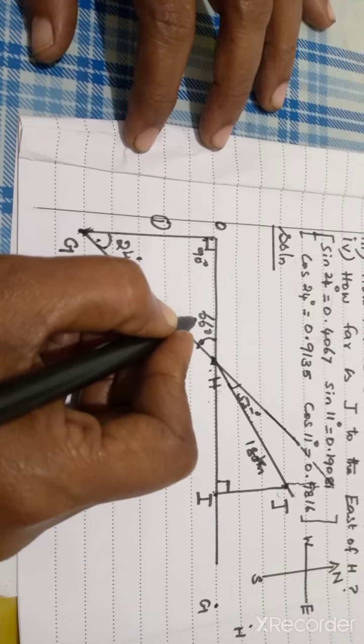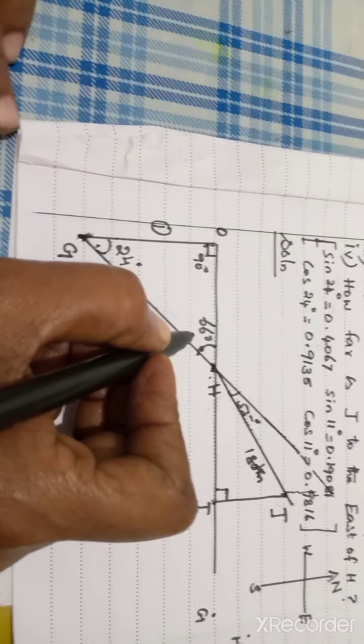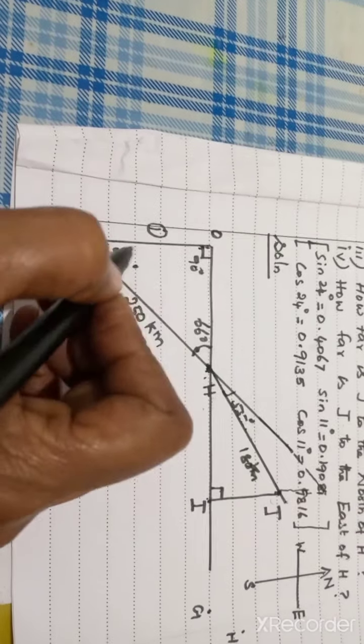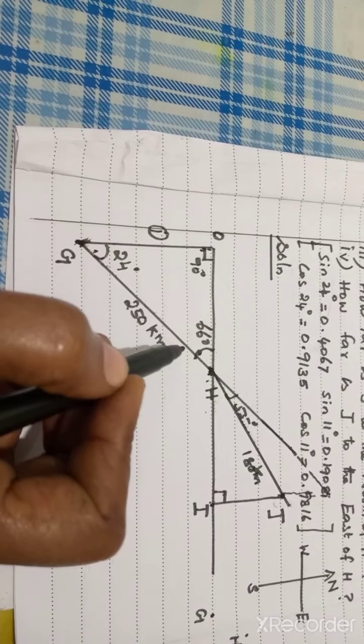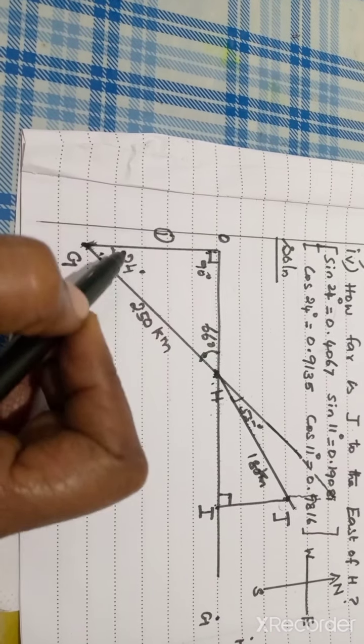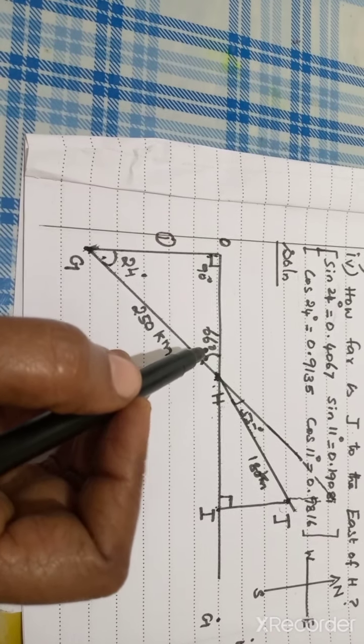So this angle is 66 degrees. Did you understand, students, how it is 66? Total is 180, the sum of these two is 114, so this will be 180 minus 114, that is 66 degrees.